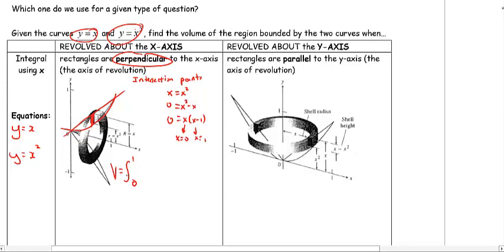Now, we said this was a washer, right? So the formula is pi times the outer radius squared. The outer radius is always the distance from the axis of rotation to the farthermost curve.